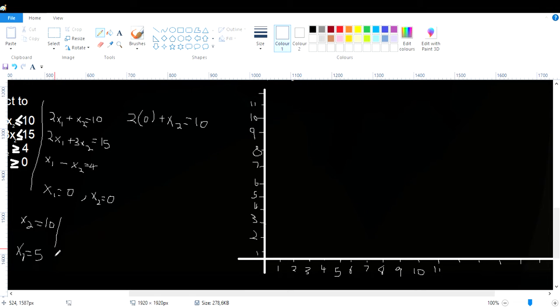Then for this one, when x sub 1 is equals to 0, x sub 2 is equals to 15 over 3.